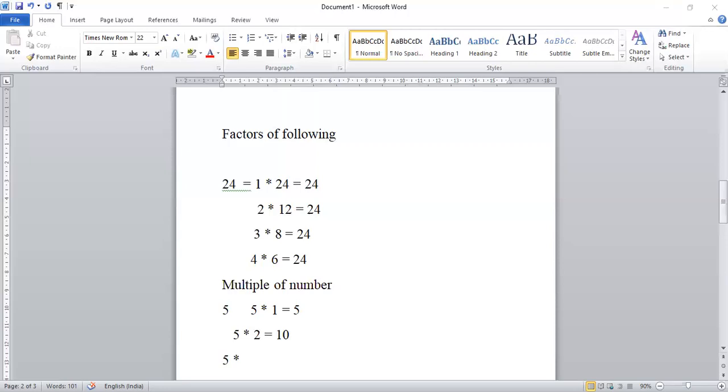Solve the homework, and I'll start with the next topic, prime numbers and composite numbers. So 2 topics I'll finish today. You have to do the first exercise in your notebook. Don't forget to do that in your notebook.